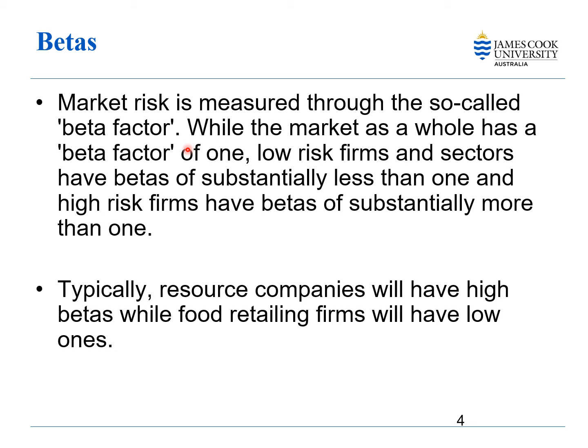If the project or the firm is of low risk, the firm's beta could be less than 1. If the firm is risky, say a resource mining firm, then it might have a beta higher than 1. Typically, resource companies will have higher betas, while food retailing firms will have low ones.